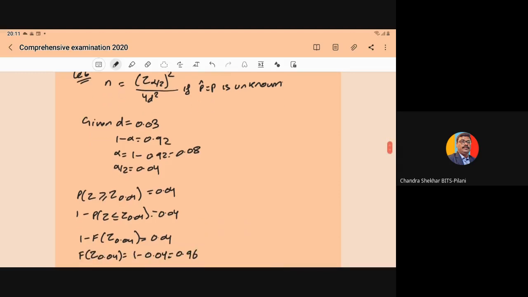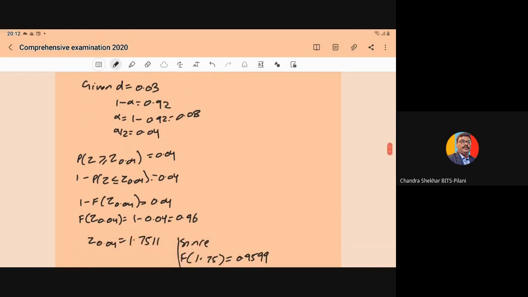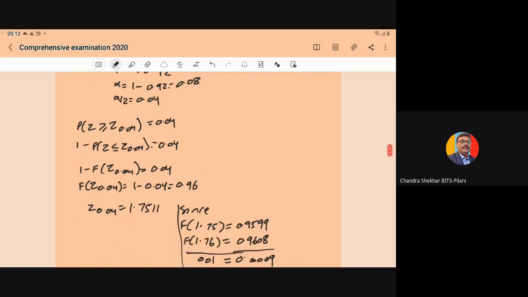So here, for z alpha by 2, what is the meaning of z alpha by 2? That is, the probability z greater than or equal to z alpha by 2 is equal to 0.04, right? So the left side can be written as 1 minus probability z less than or equal to z of 0.04 is equal to 0.04.